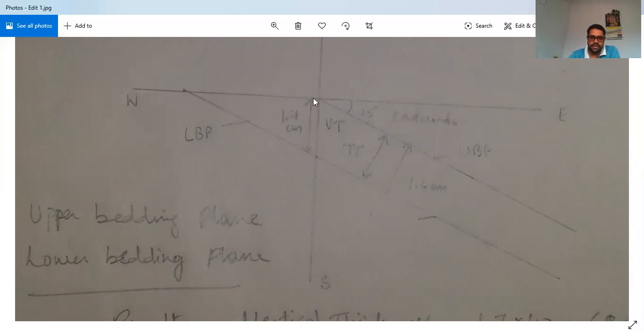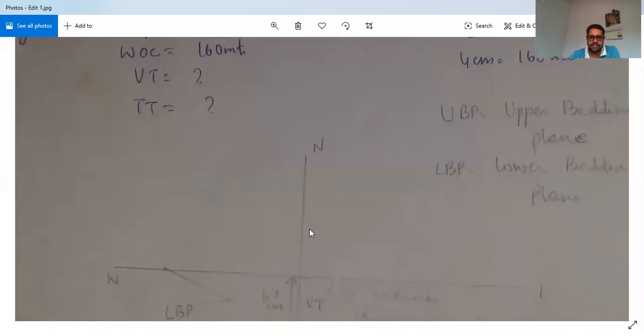The distance that runs perpendicular from the surface to the lower bedding plane is called the vertical thickness, and the distance between the two planes, the upper bedding plane and the lower bedding plane, is called the true thickness. The upper bedding plane is the one visible on the surface, and the lower bedding plane is hidden in the interior of the earth.